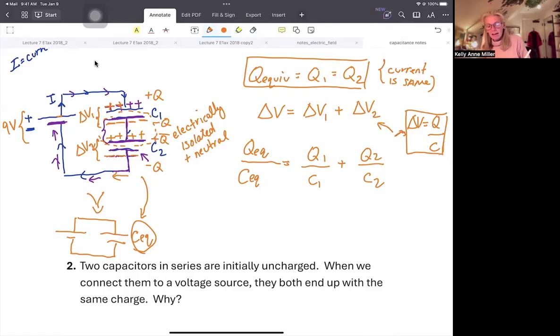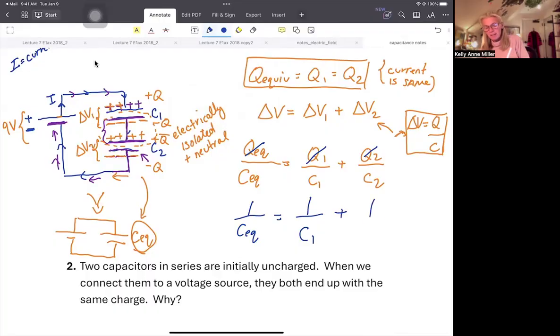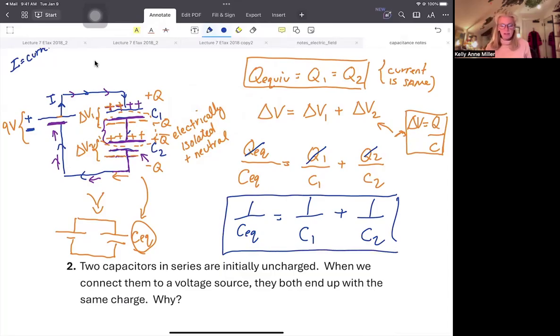And because I know that the Q's are all the same, these cancel. So this is to say that 1 over the equivalent capacitance, when I'm adding capacitors in series, is just equal to this. That's deriving it for you.